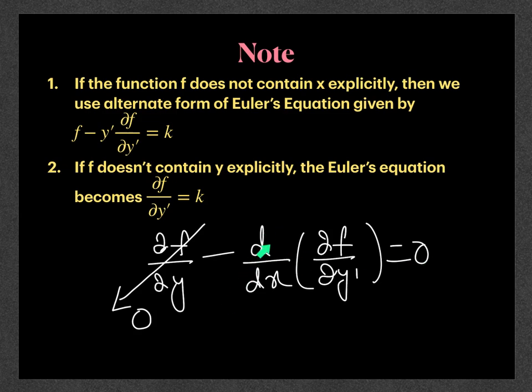You can remove this d by dx by integrating. So we get dou f by dou y dash, and on the right side, on integration, we get the constant of integration k. That is the second one. So we have derived Euler's equation, which is very important for exams, and also very important to solve problems of extremals.